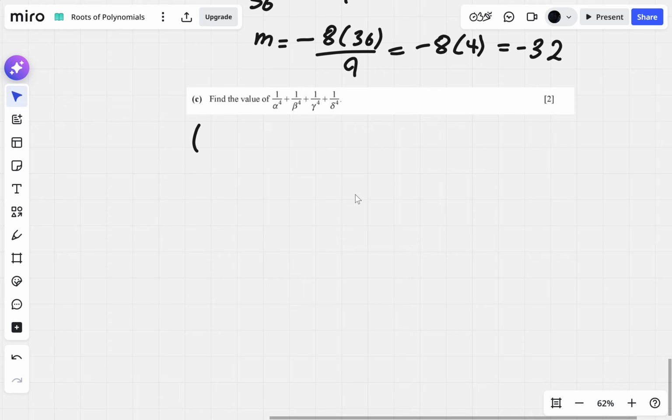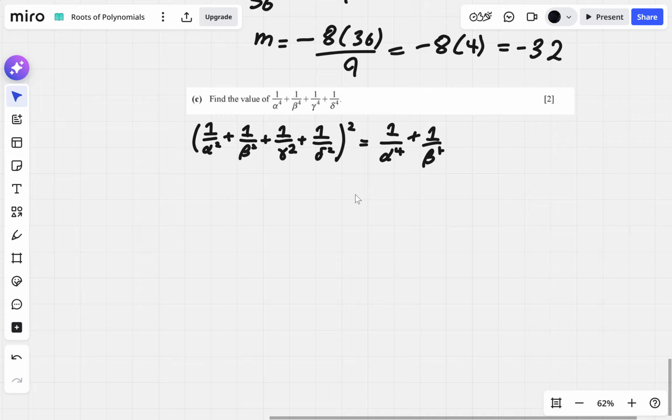The identity I told you to learn, that is going to be 1 over alpha squared plus 1 over beta squared plus 1 over gamma squared plus 1 over delta squared, whole squared, which would equal 1 over alpha power 4 plus 1 over beta power 4 plus 1 over gamma power 4, not squared, power 4, then the last one, 1 over delta power 4.